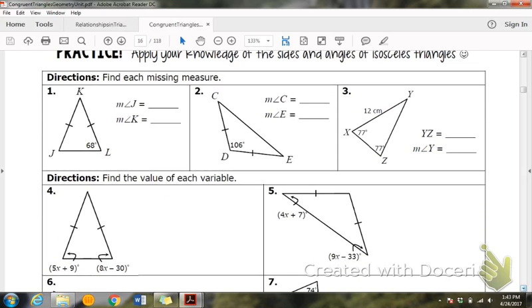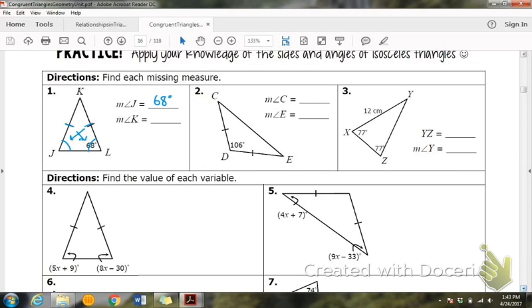Okay, so Shelley is looking and noticing that these two sides are the same, which means the angles across from them are also the same. So let's go ahead and mark with the arcs J and L, because that means that they're the same. So if L is 68, then that means that J is also 68.